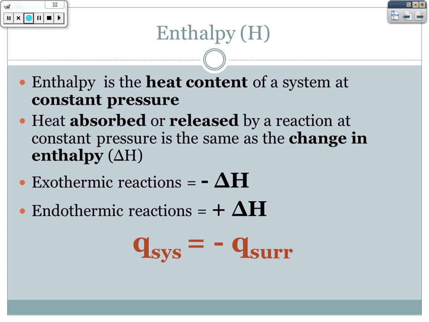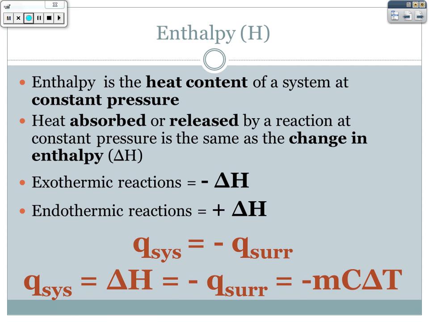It's the whole idea of energy being conserved, and the energy lost by the system is gained by the surroundings. We can also represent this by saying that Q system is equal to delta H, which is equal to negative Q surroundings, and Q surroundings is equal to mc delta T, so that equals negative mc delta T.